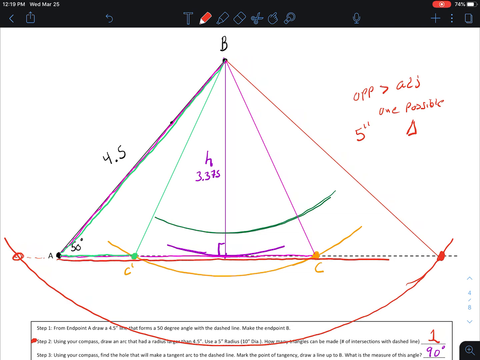So I'll try to stay outside of everything here, so we still have these colors to refer back to. It would be this outside one here. And if we pulled an arc down that was tangent, we also had one possible triangle, and it was a right triangle.